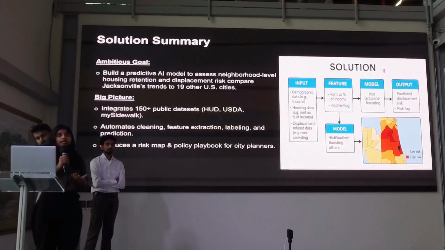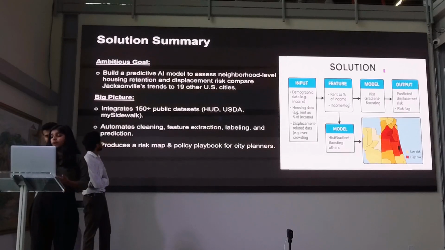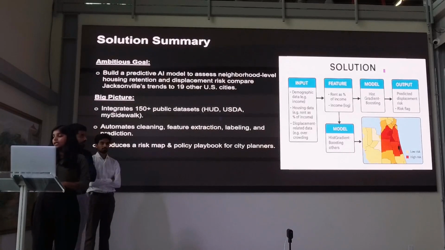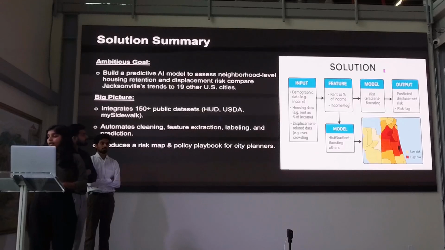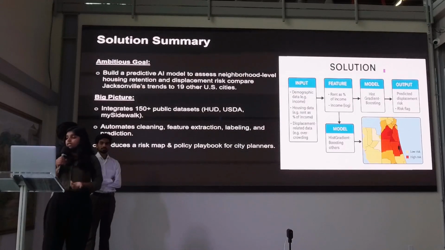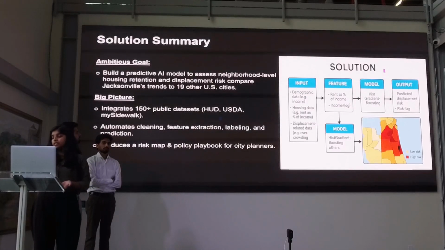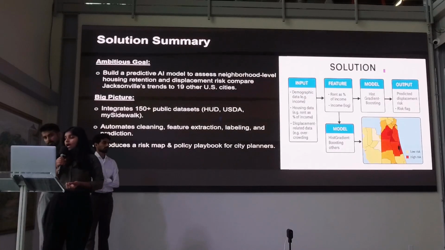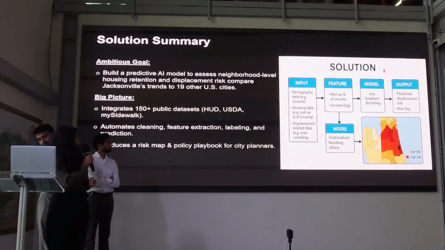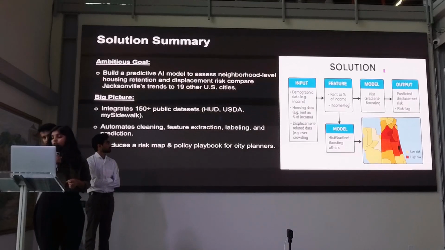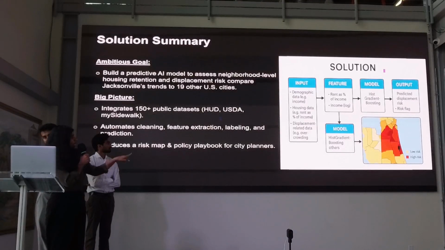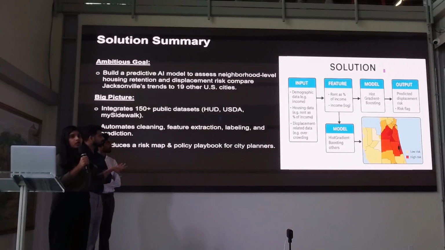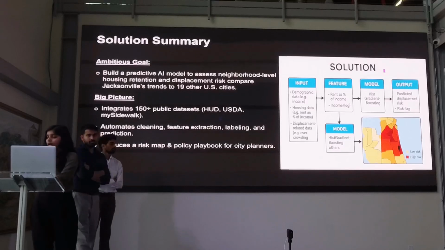We used more than 150 public data sets from sources like HUD, USDA and mySidewalk. The system automatically cleans and prepares data, finds important features and makes predictions. On the right side you can see the outputs and the risk map. We'll be talking about that at the end of the presentation.